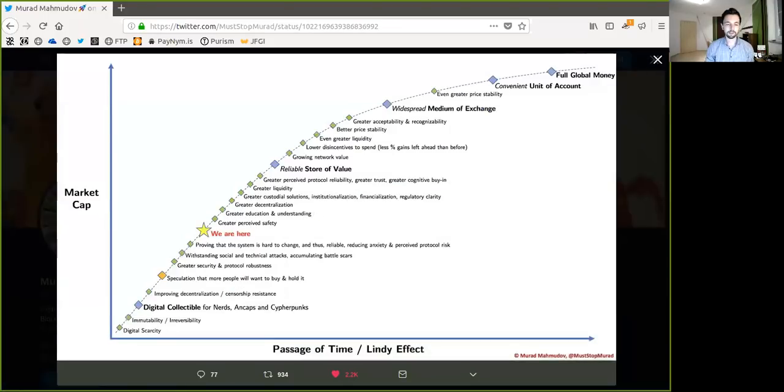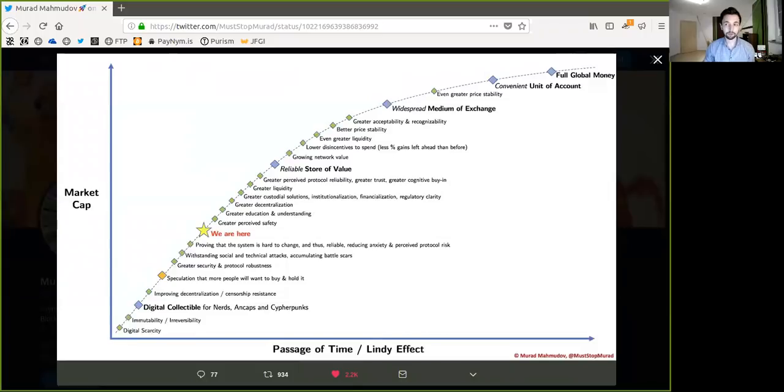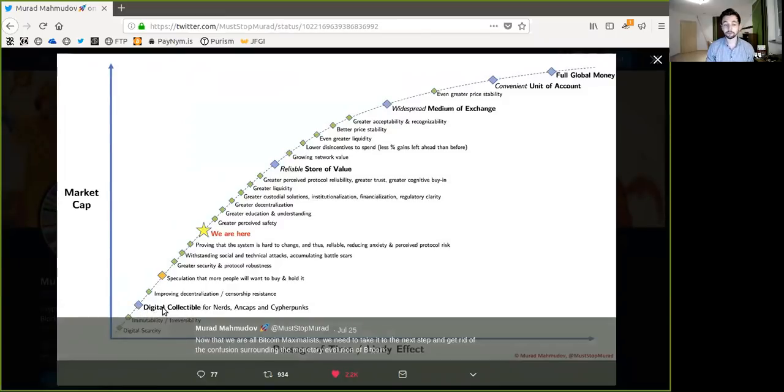If we zoom in on this, it starts with the most important aspect, which is digital scarcity. That is where Bitcoin's true innovation lies: the digital, scarce asset out of a network of non-scarce goods. And how this eventually leads to being a digital collectible, just something that is held on to for safekeeping and for having fun, and just holding something that you like.